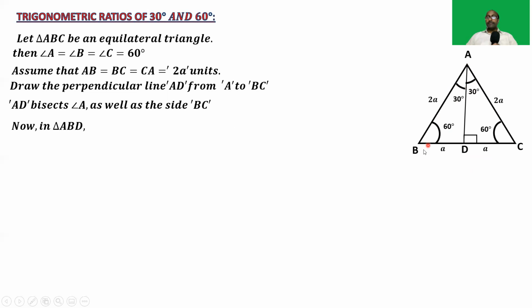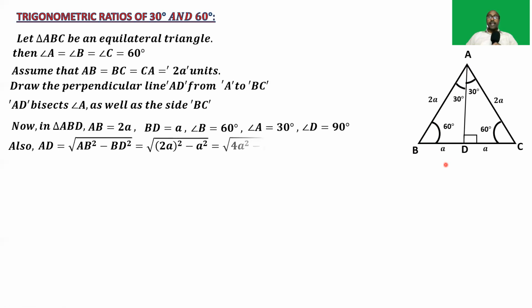Now take this triangle ABD. In this triangle, AB equals 2A, BD equals A, angle B equals 60 degrees, angle A equals 30 degrees, and angle D equals 90 degrees. Now from this triangle, by Pythagoras theorem, AD square equals AB square minus BD square.